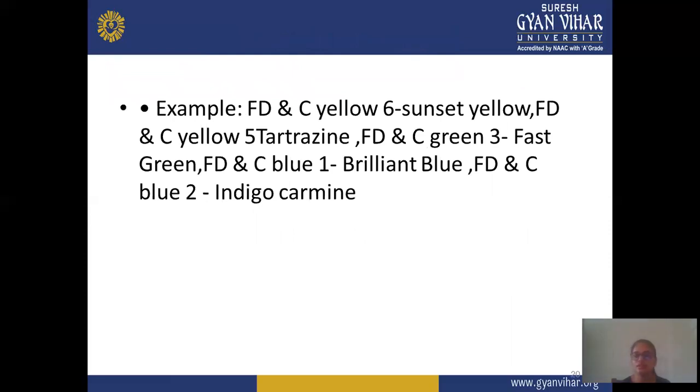Examples of this coloring agent, which are approved colors in FD&C: FD&C Yellow 6, sunset yellow, and FD&C Yellow 5, tartrazine, FD&C Green 3, fast green, and FD&C Blue 1, brilliant blue, FD&C Blue 2, indigo carmine. These are the approved coloring agents.